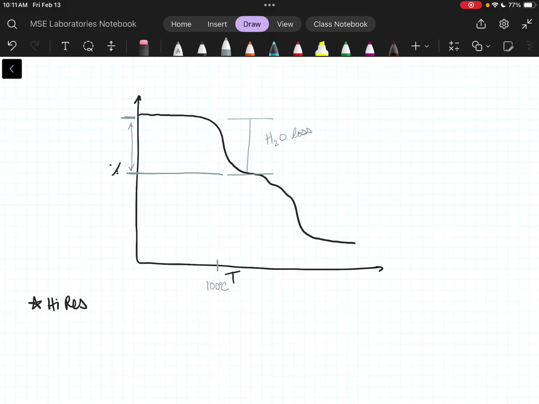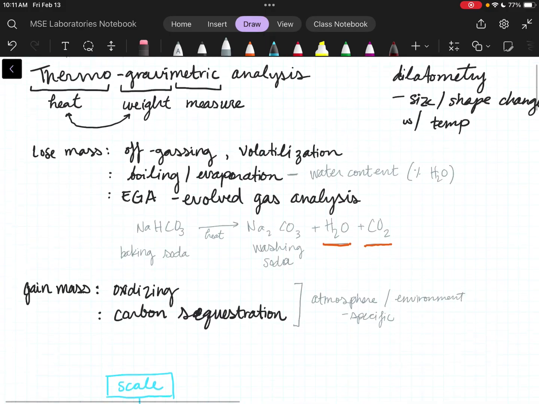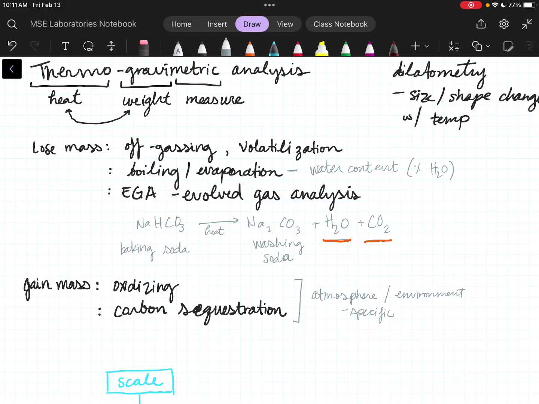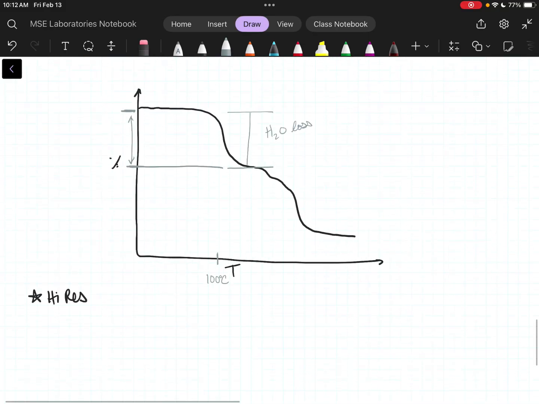So very commonly, we're going to see water loss or dehydration right at the beginning, somewhere between 100 and 150 degrees Celsius. That would indicate whether it's something like a hydrate. We can double check if that hydrate is as high or as low as it advertises. This might mean shelf stability. We can study things about shelf stability.